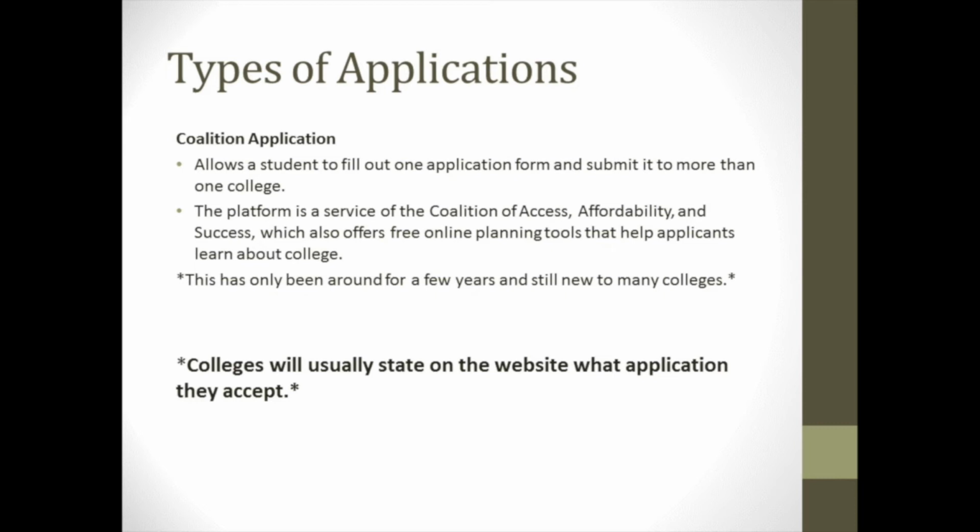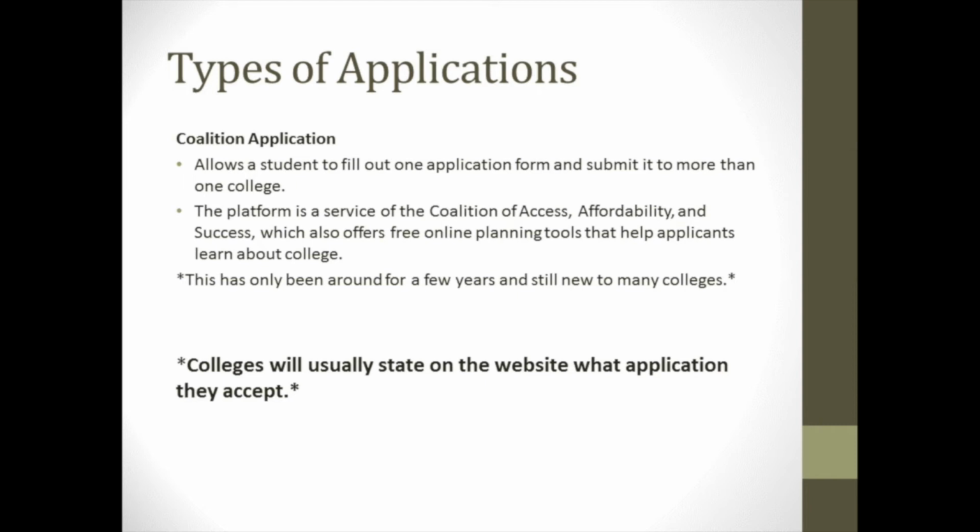The next one is called the Coalition Application. Again, this allows a student to fill out one application form and submit it to more than one college. This is a fairly new type of application. It's only been around for a couple of years, and a lot of colleges are jumping on the bandwagon.